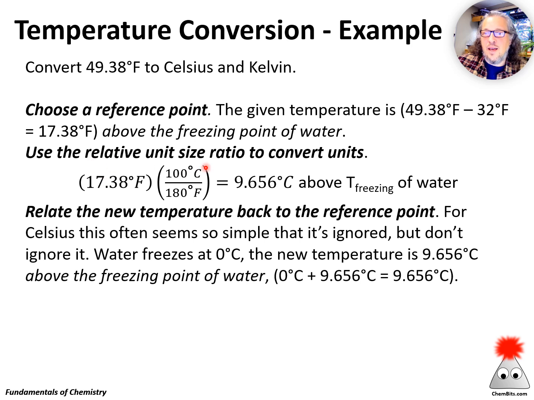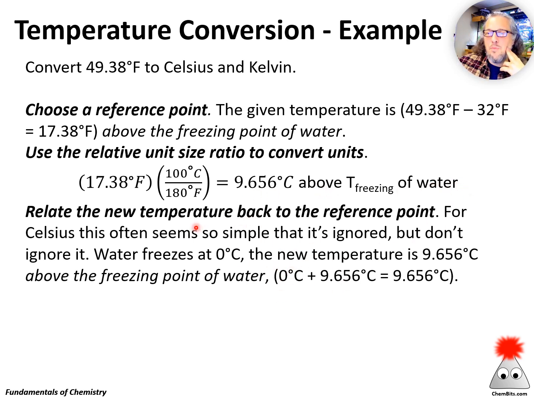That tells us that our temperature is 9.656 degrees Celsius above the freezing point of water. And I'm going to be really explicit here. 9.656 degrees Celsius above the freezing point of water, because now we have to relate that back to our reference point. And in Celsius, our reference point, the freezing point of water, is 0.